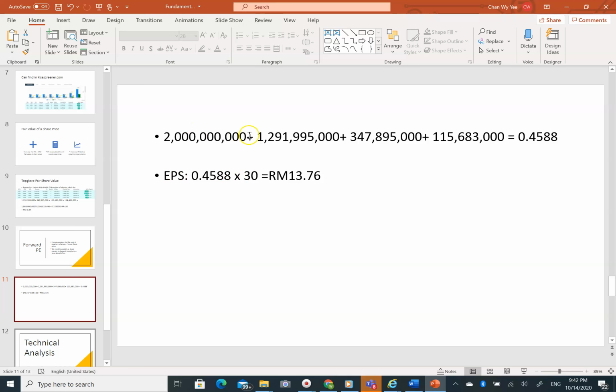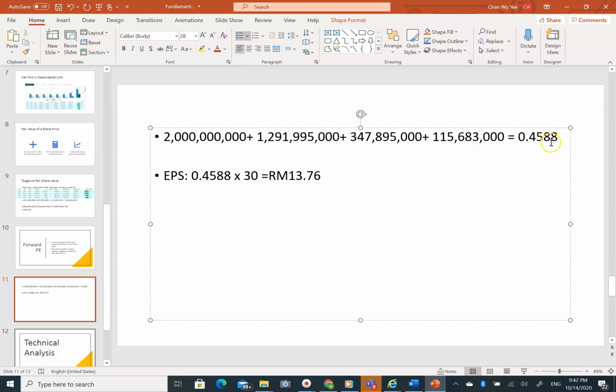Okay, so it is predicted that in the next quarter, Top Glove will be earning about 2 billion. Add up with the latest quarter, which is 1.291 billion, and the last 2 quarters will be 347 million and 115 million respectively.